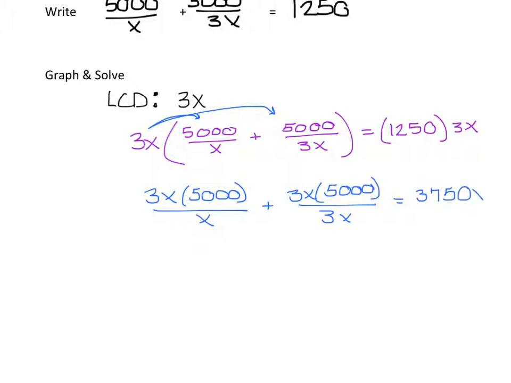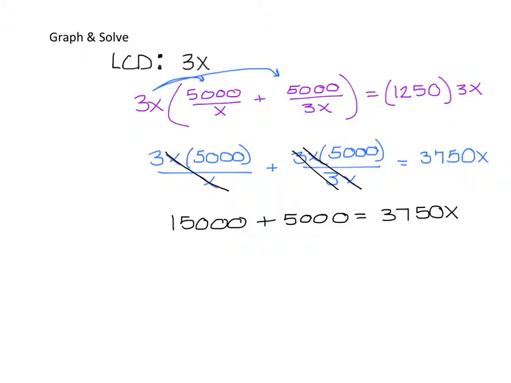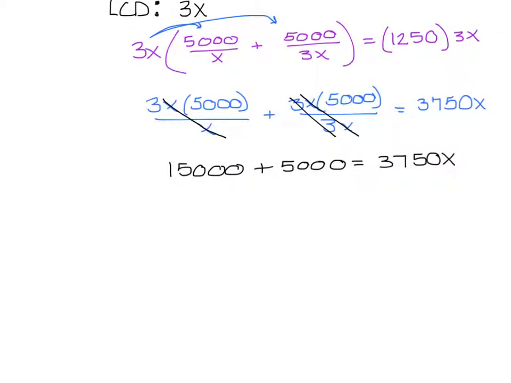Yes, so what cancels right here? The x's. So those are gone, and 3 times 5,000 is 15,000. What cancels on the next one? The 3 and the x. So we have plus 5,000 equals 3750x. Well, what's 15,000 plus 5,000? 20,000.